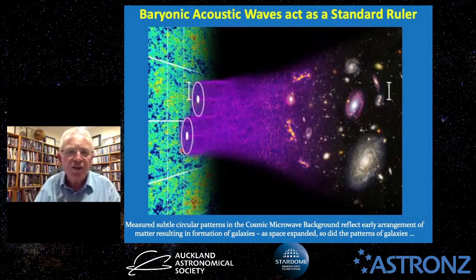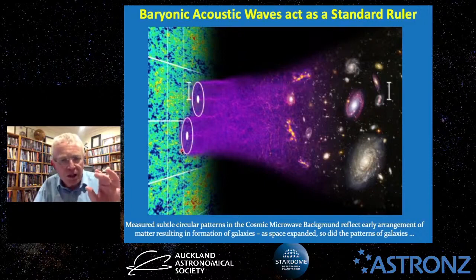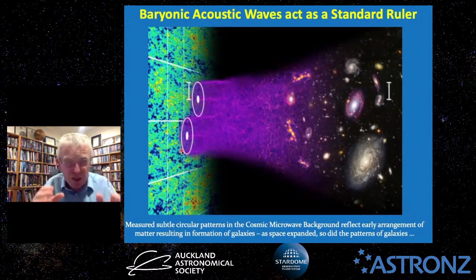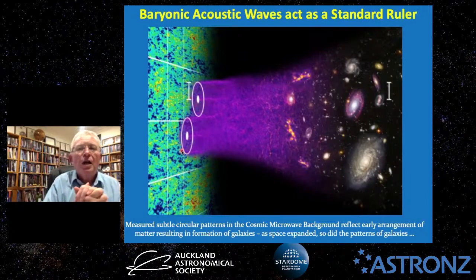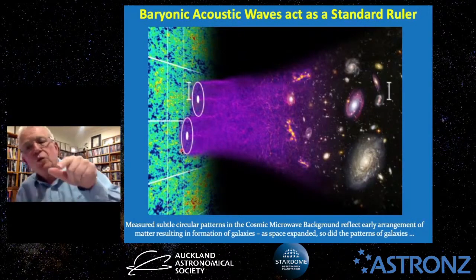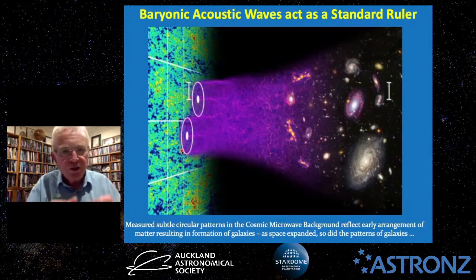Those little abnormalities reflect subtle circular patterns in the cosmic microwave background that reflect the early arrangements of matter at that stage when the universe was 380,000 years old. There was a little circular arrangement. They call them baryonic acoustic oscillations, which we'll talk about in another talk. That is a whole talk on its own. And they're waves that then spread out.